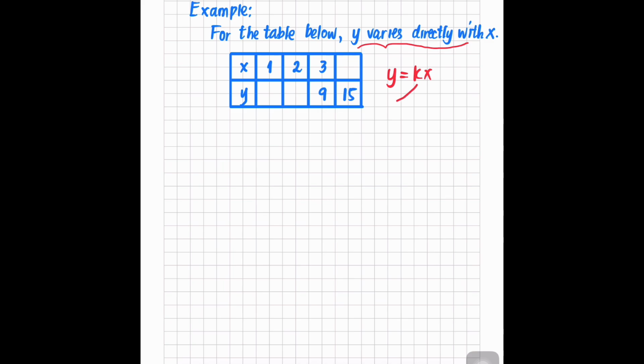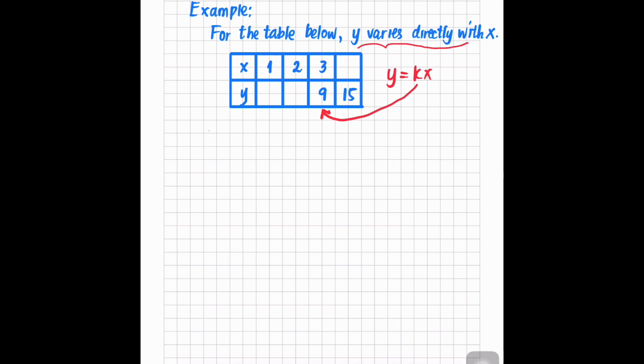So that pair of values that we were given is actually a hint that from these two numbers, we can identify the value of k, or constant of proportionality, that we will apply to find the missing numbers. So let's take a look at finding the value of k.